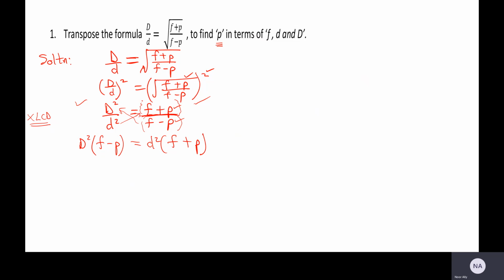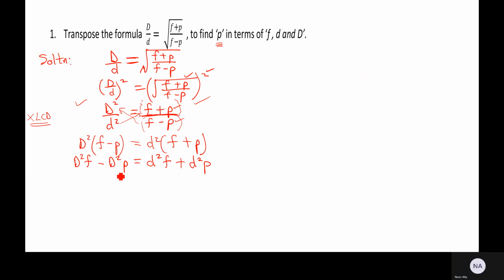But now let's see. We want to find F, and F is in the brackets. So I'm going to have to remove the brackets. Distribute D squared into the brackets, small d squared into the brackets on the right-hand side. And I want those terms that contain P to remain on the one side.